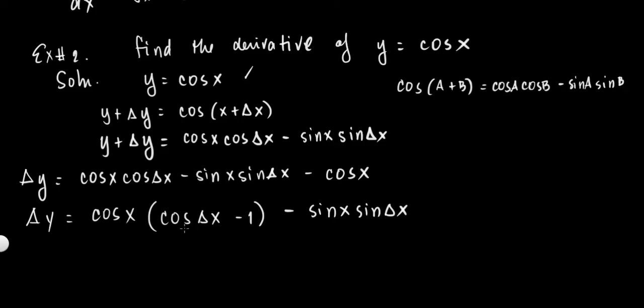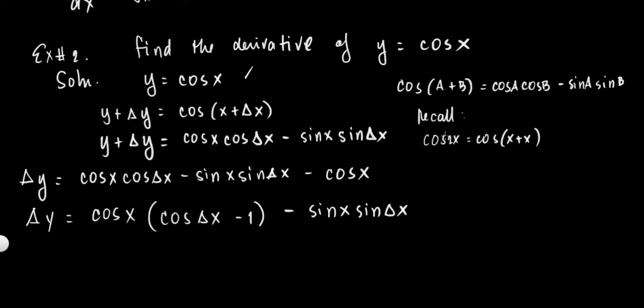Okay, so what is the identity for cosine delta x minus 1? Okay, so kung di natin maalala, we will derive the identity for this. Okay, so recall again, no? From your trigonometry, double angle. Okay, so from say cosine 2x, we have cosine x plus x.